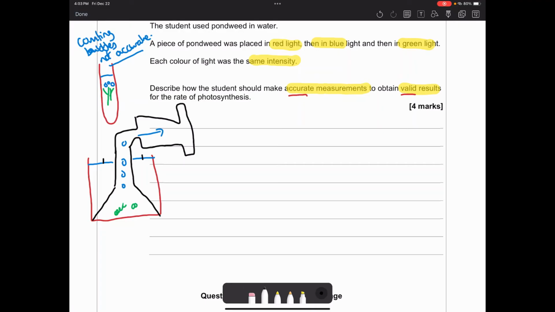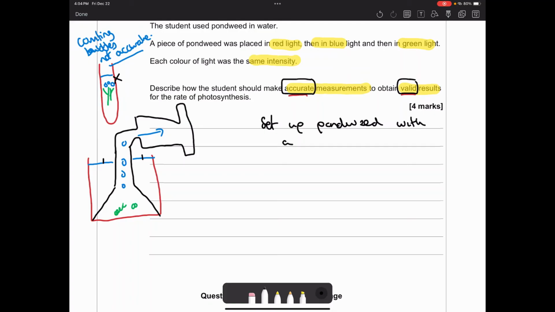So you need to be thinking about that method because it's more accurate and more valid. Obviously the bad things about the bubbles experiment is that you can miscount bubbles, and bubbles are not always the same size.